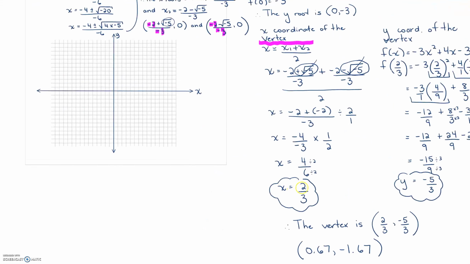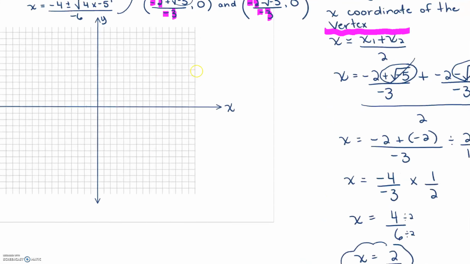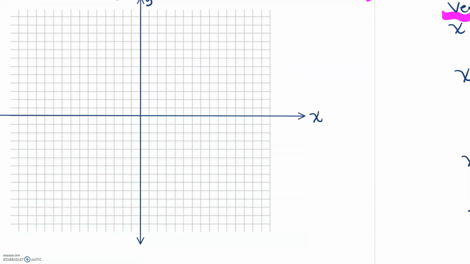So going back to the graph, I need to go to 0.67. I haven't scaled this yet, but I think I'm going to scale it the same way as the other one. So every second, 1, 2. Okay, that's my x-axis. So remember that I can't draw my roots because they don't really exist.